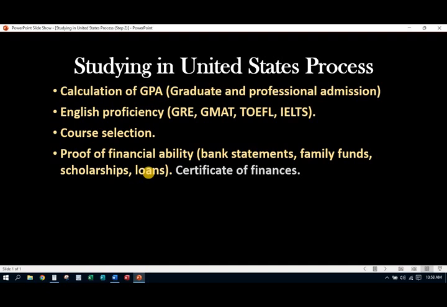Now when we come to financial ability, we can use bank statements. They can ask for bank statements. In most cases, they will not ask for bank statements, but there is another thing we get from the bank, a recommendation from the bank that you have that money.